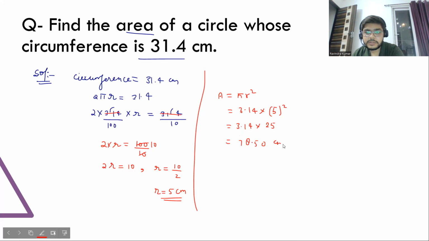So it is 78.5 centimeter square. This is the area we needed to find. It is absolutely easy, right? Just remember the formula and put in the respective values, and you get your desired answer.